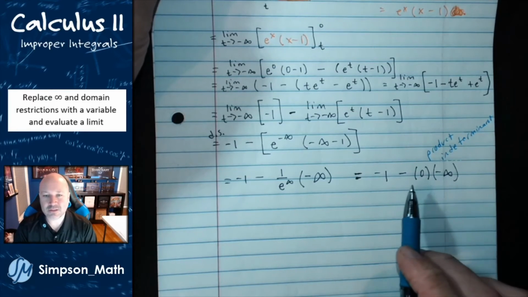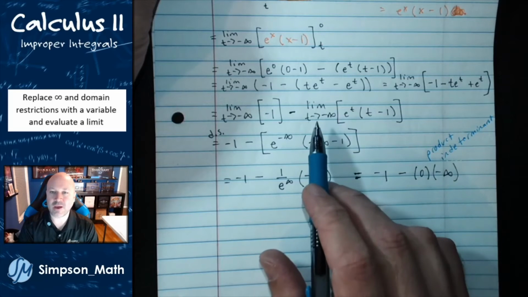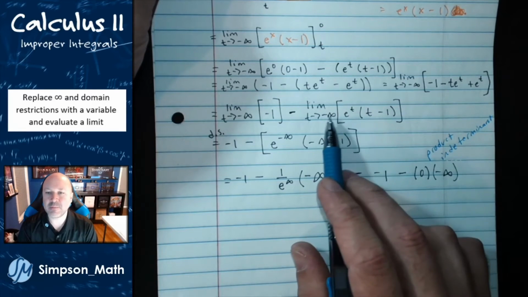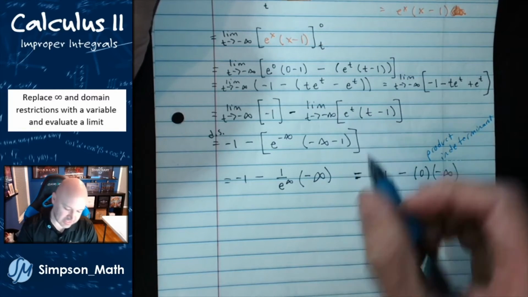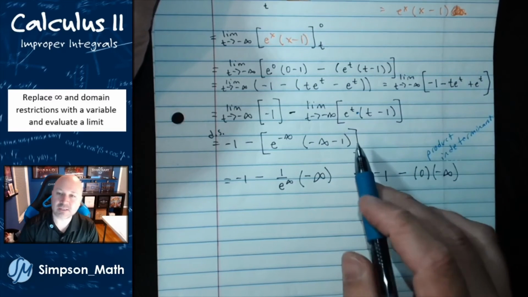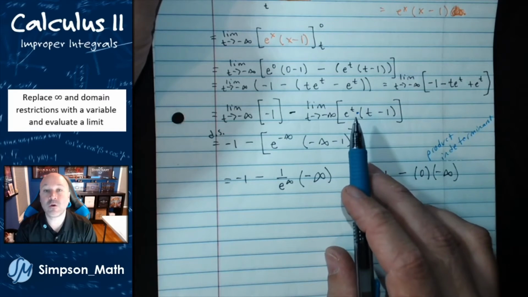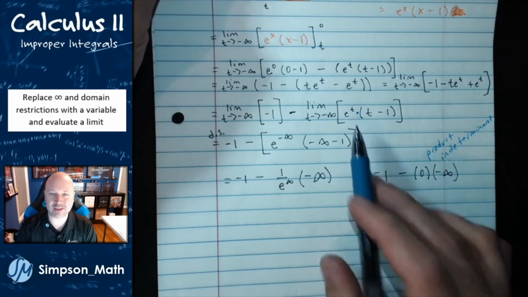So I'm going to go back to my limit right about here, and I'm going to change this. Instead of looking at it as a product, I'm going to rewrite this as a quotient, and just kind of hope and pray that that works.